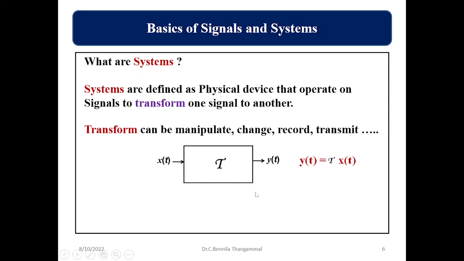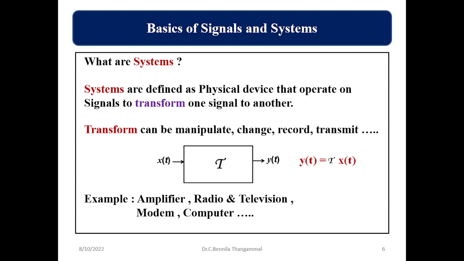So y of t equals the transformation of x of t. The output signal is the transformation of the input signal. Some examples of systems are amplifier, radio, television, modem, computer, etc.